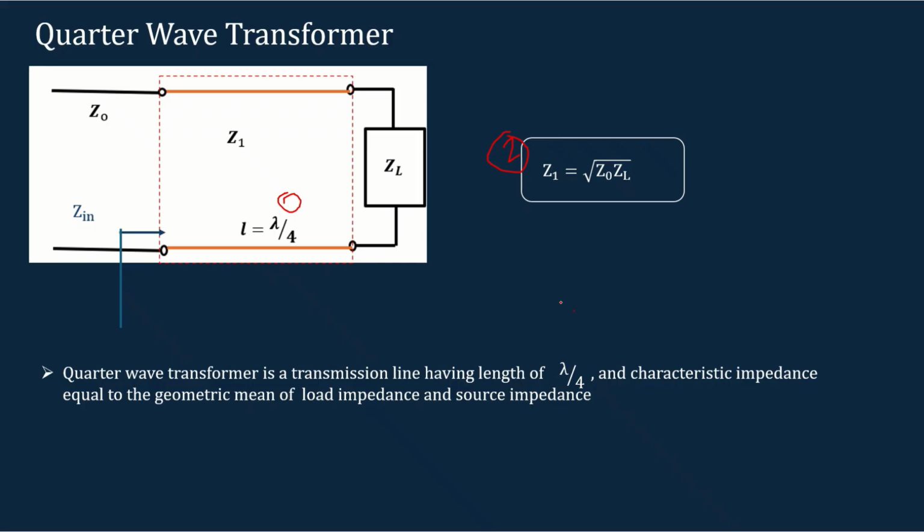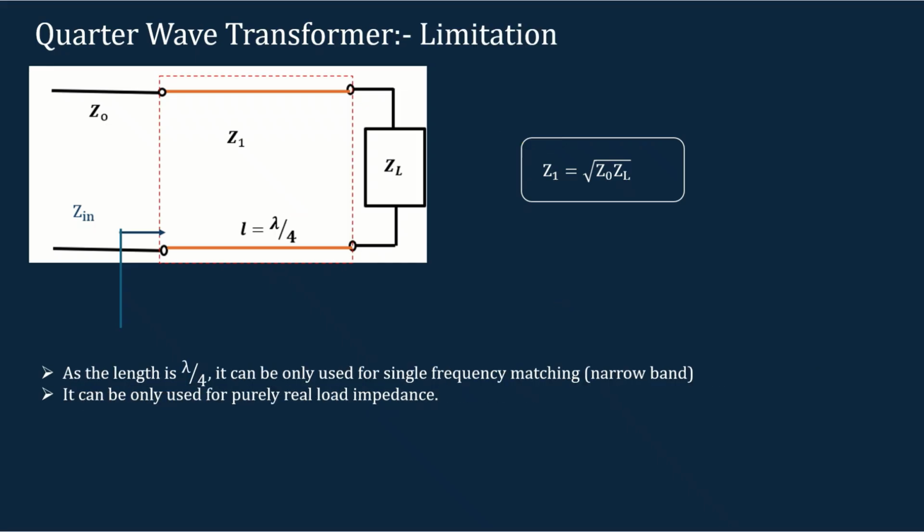Let's see what the main limitations of the quarter wave transformer are. We know that the length of the transmission line is lambda by 4, so it depends upon the wavelength. It can only be used for a single frequency, because we can design this transmission line only for a single frequency.